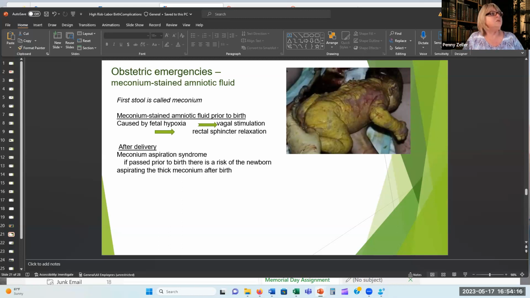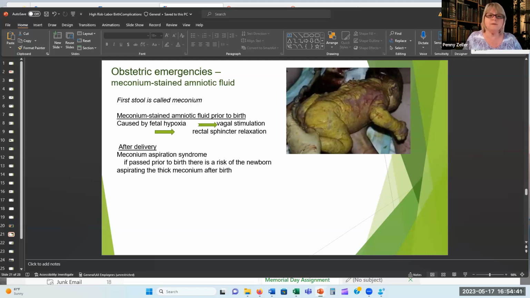So it leads to meconium aspiration syndrome, which is really hard to manage, because it's not necessarily an infection, it's inflammation of the lungs. So, pneumonitis.